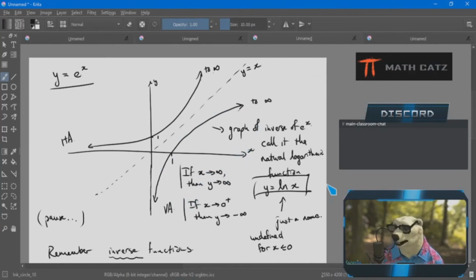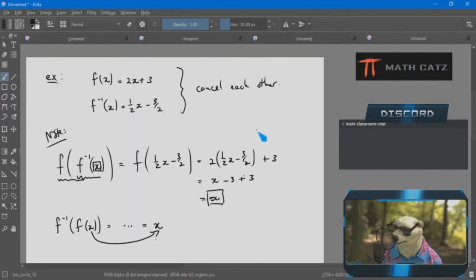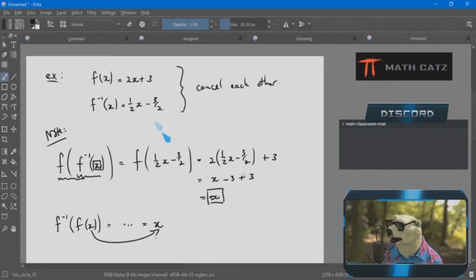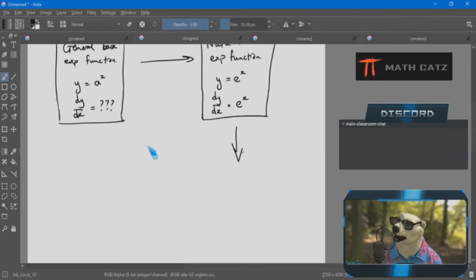Okay. I want to continue the discussion past a side note of transformations. What we're now going to really have is the other side of this picture, where the other side of the natural exponential function is the natural logarithmic function.